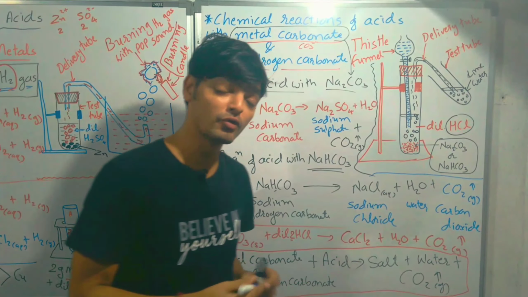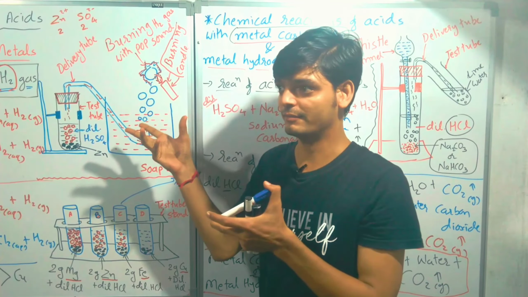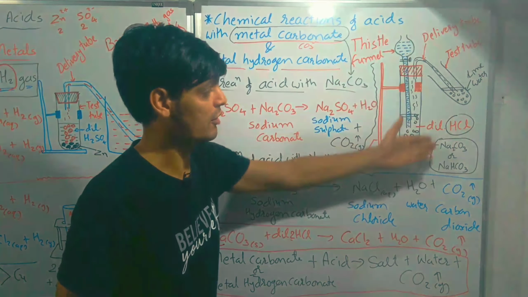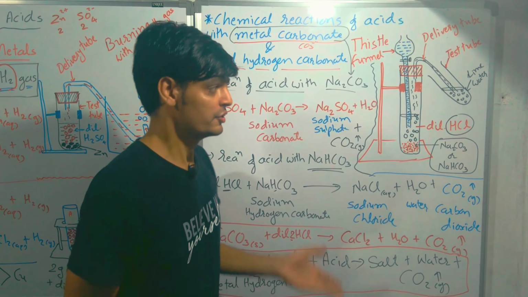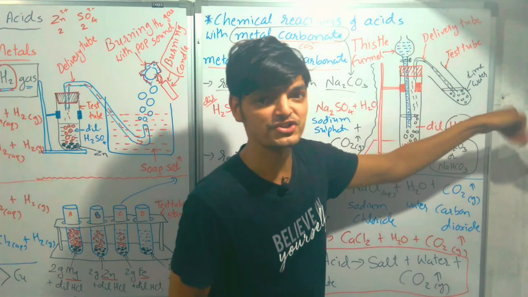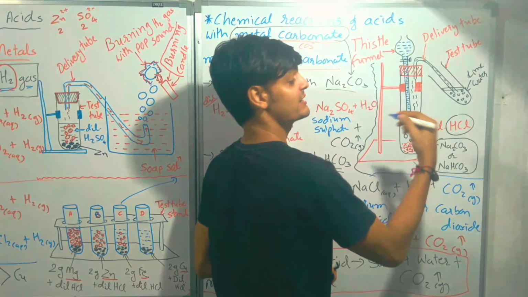Just like the pop sound gives the proof that it is hydrogen gas, what is the proof for this gas, which is a colorless gas? How can you tell that it is carbon dioxide only? So one more reaction is there. When carbon dioxide gas is passed through lime water, it's a calcium hydroxide solution.